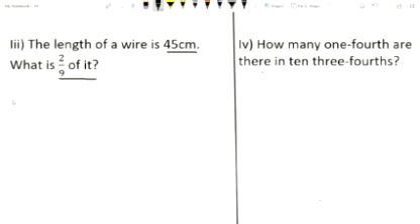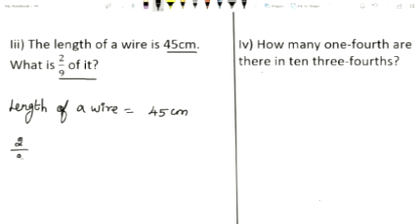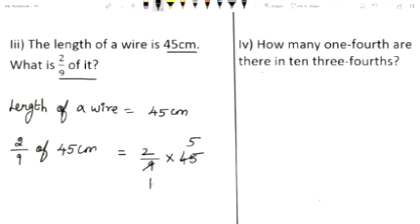Okay, so what is given? Length of a wire equal to 45 centimeter. So we are going to find 2 by 9 of, it means 2 by 9 of 45 centimeter equal to 2 by 9 of, you replace of by into 45. 9 ones are 9, 9 fives are 45.